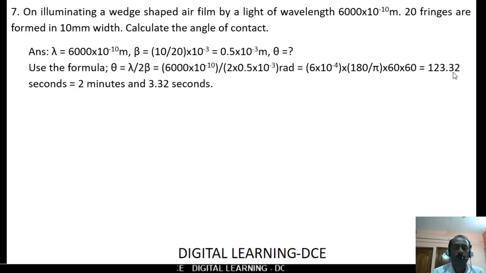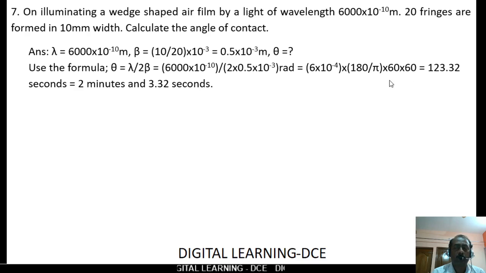In radian it is 6 into 10 raised to minus 4, and multiplying by 180 by pi into 60 into 60 converts radian into seconds. Here 60 minutes into 60 seconds.